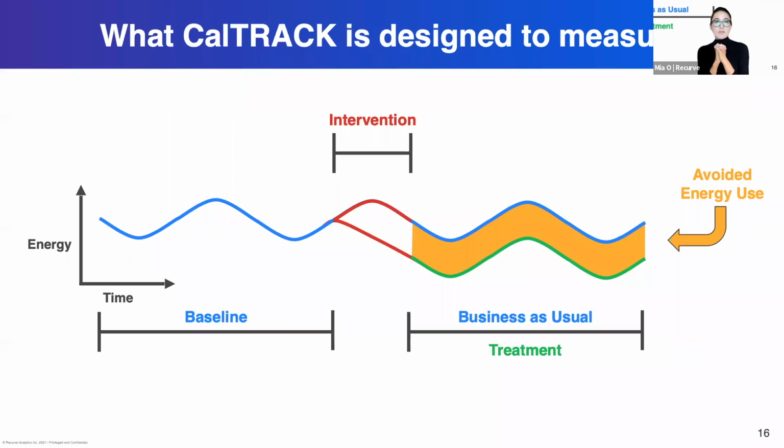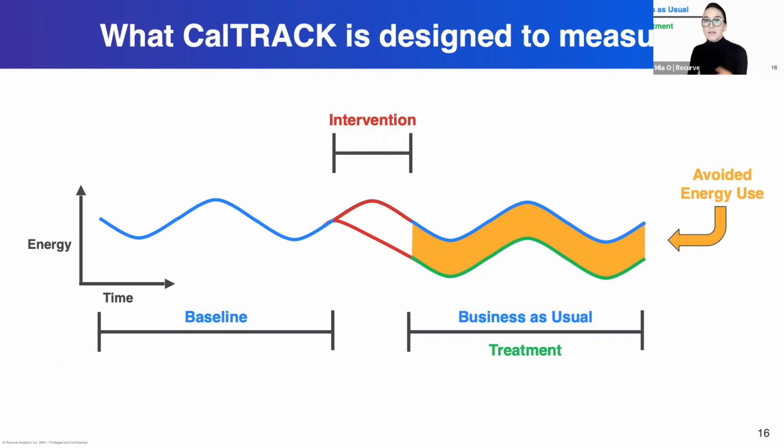And in terms of what CalTRACK is designed to measure as a whole method, it can do a lot. So like I said, it can learn how a customer responds to temperature in the baseline period. And then for program interventions, like what we will be doing in the future for tech, when a heat pump is installed, for instance, it can use how it learned you respond to temperature and other factors and project out how you would have kept using energy as a counterfactual or business as usual case after the heat pump was installed.